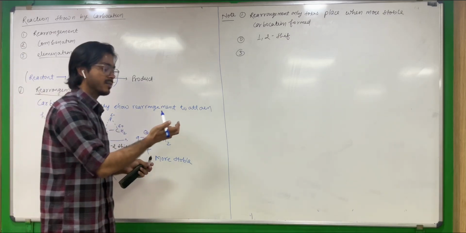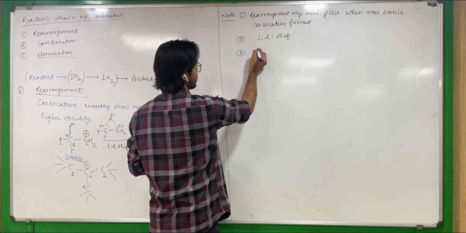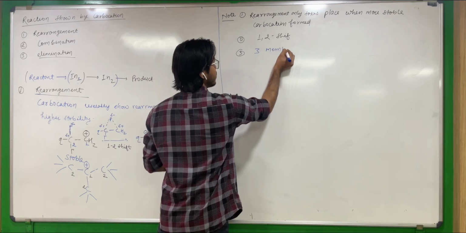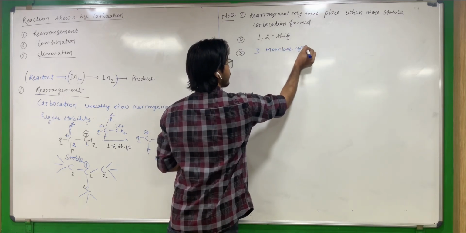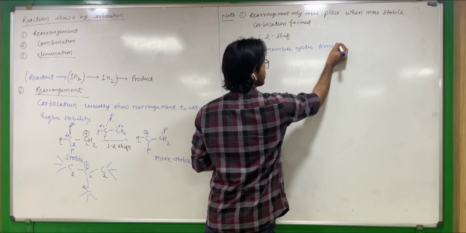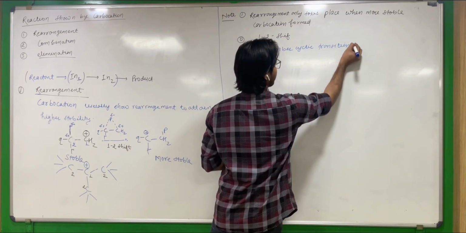So a 3-member cyclic transition state is formed during rearrangement.